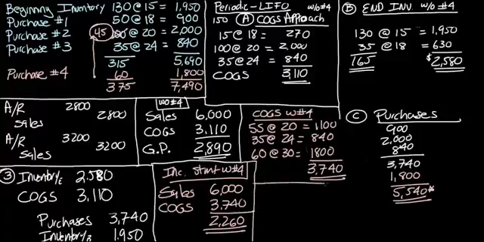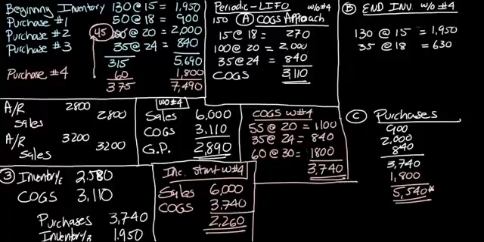Let's block these off so we can see if there's anything left we want to compute on this page. And I guess the only thing I would probably want to compute is how much I have in ending inventory. Let me go ahead and erase, though I hate to erase. I'm going to anyway, because I'm going to run out of room.